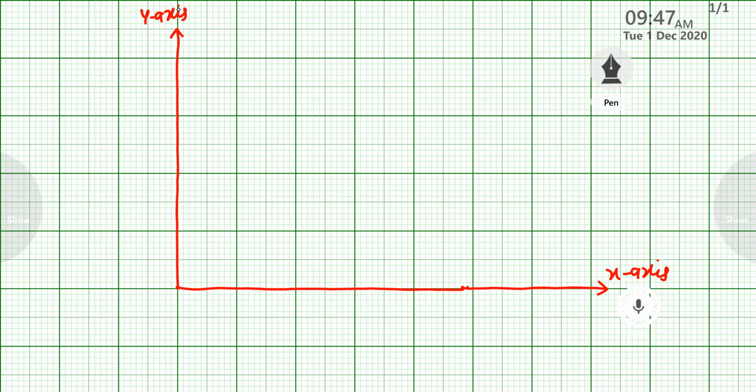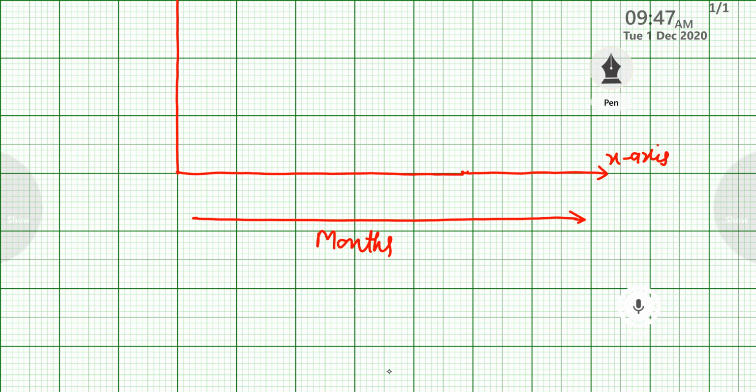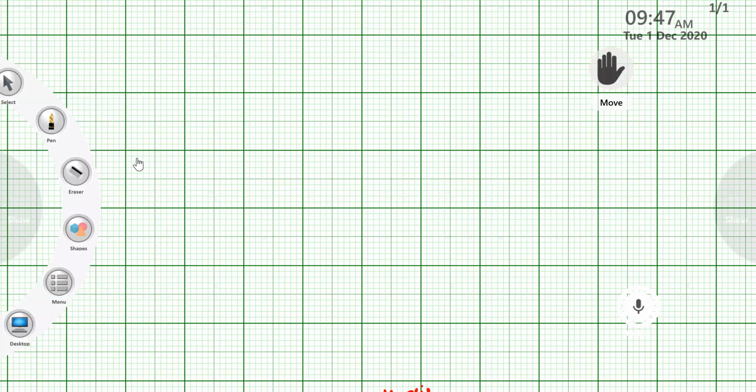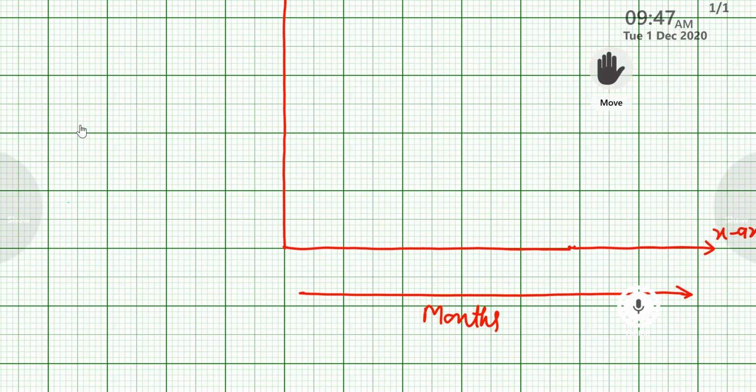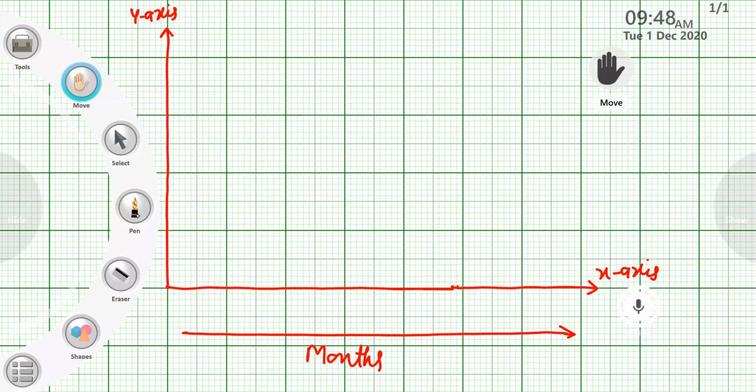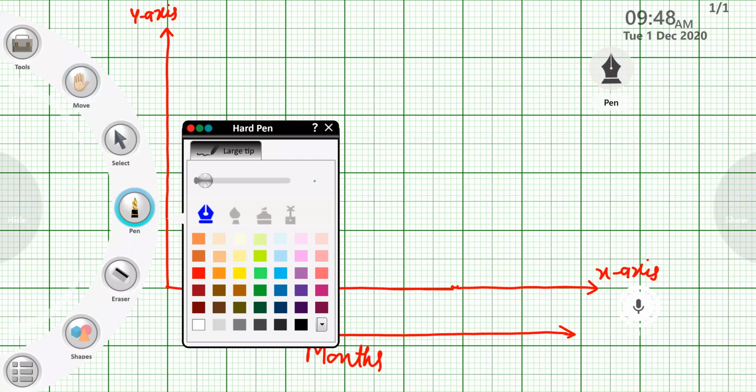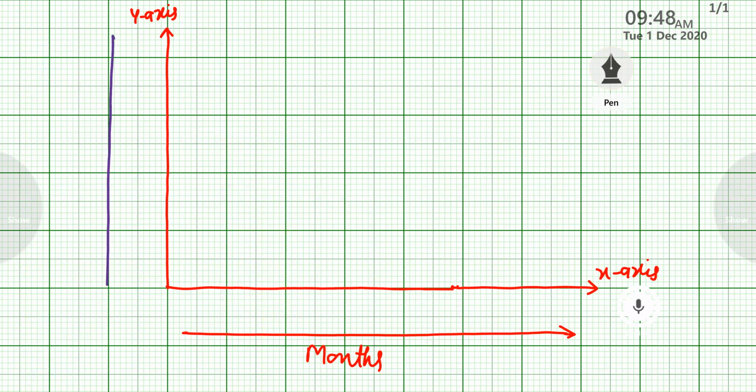It means month I will represent this side, and frequency I want to represent on y-axis. Number of watches sold.